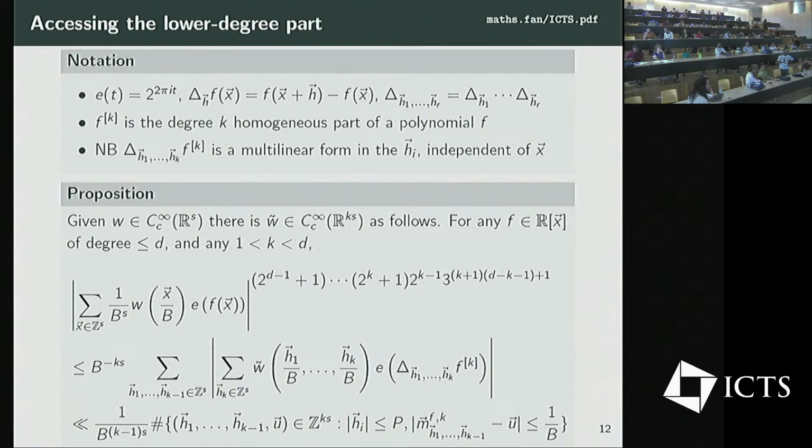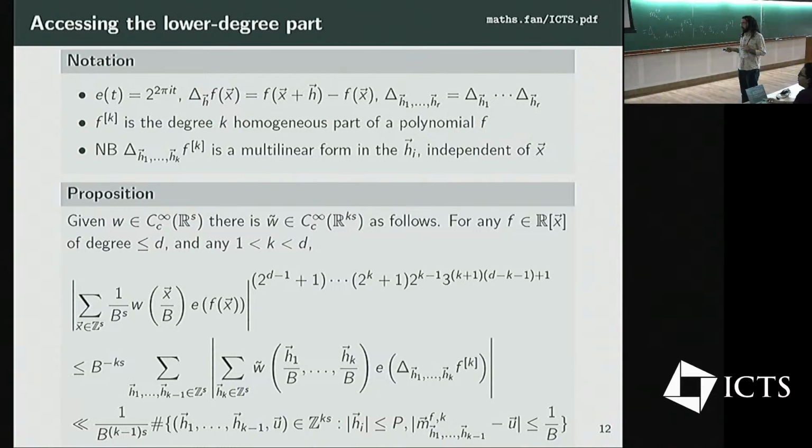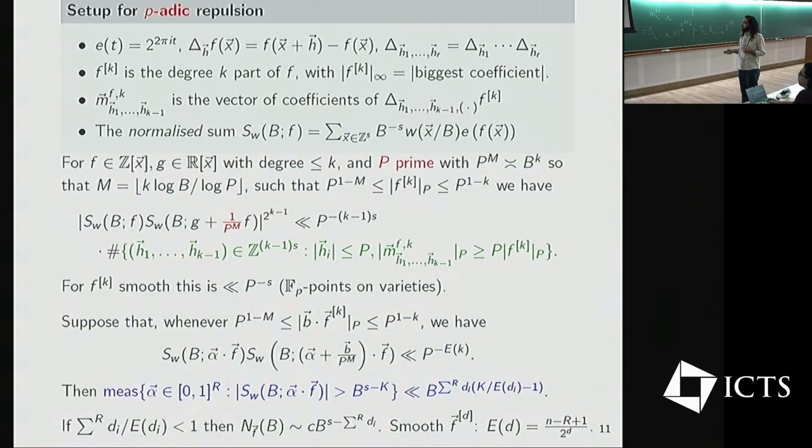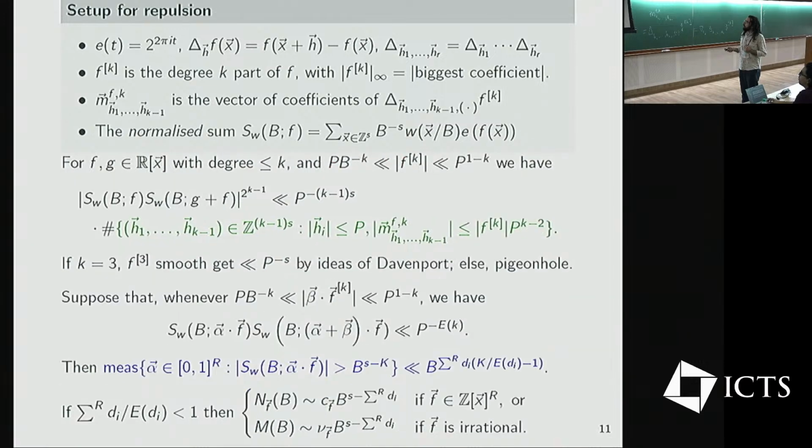Once one's applied Weyl differencing, the whole thing becomes transformed into a problem involving various multilinear counting functions. So here on one slide is a summary of the whole repulsion argument. It's a little dense. But let's go backwards from the conclusion we want.